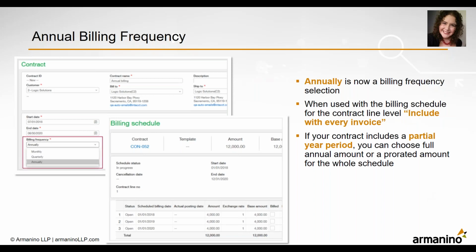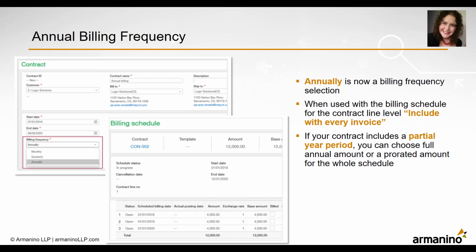Of course you have to opt in on the line level before you can rebill that. That way, if you have, for example, some contract line items that are repeating every year and some that are one-time only, you can elect on the line level to include it on every invoice for those annual recurring items and leave it off those one-time items.